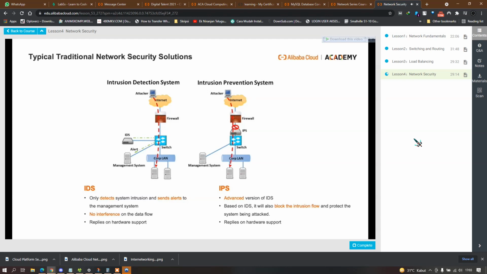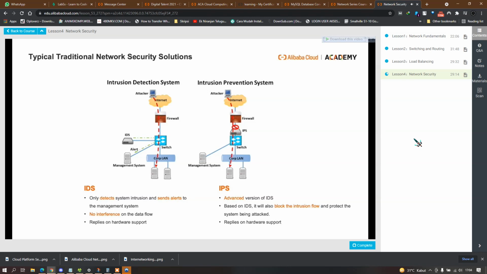The full name for IDS is Intrusion Detection System. And for IPS, the full name is Intrusion Prevention System. So from the full names, we can tell the difference. IDS will only detect the system intrusion and send an alert to the management system, which means that it only does the detection.